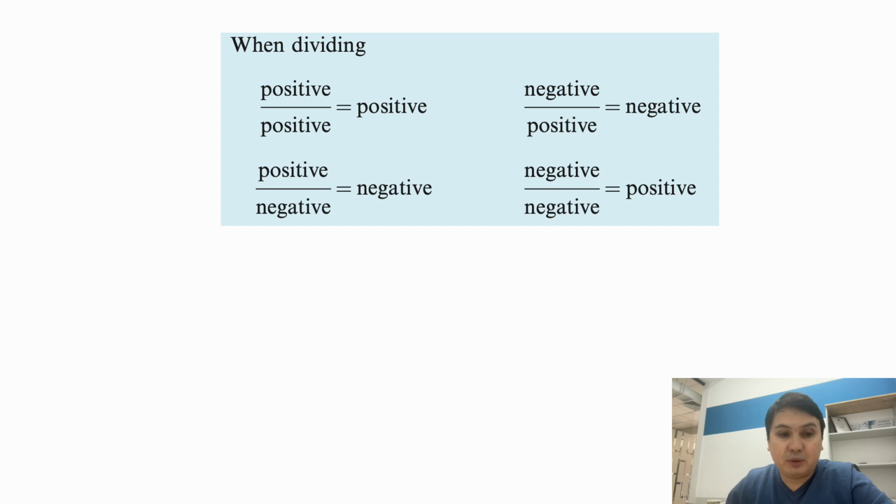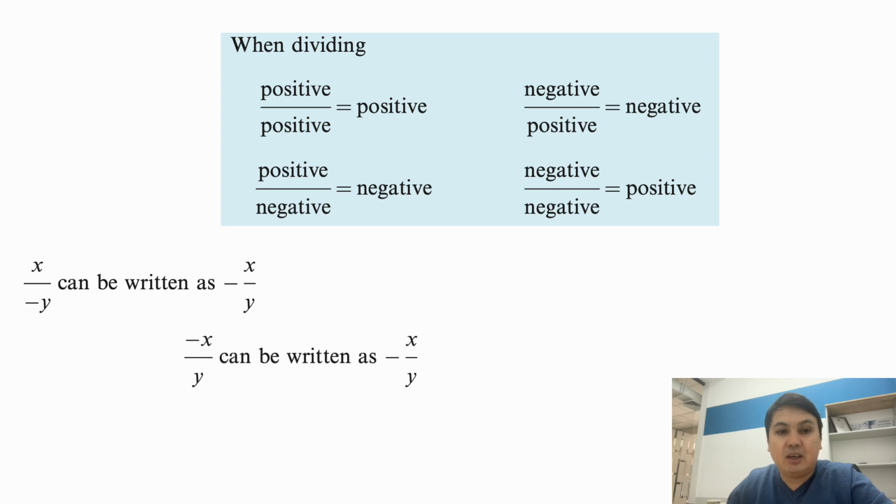Also, we need to be careful with equivalent conditions. So x divided by minus y is the same as minus x divided by y. Okay, so I can sort of bring this minus sign up front. Similarly, minus x divided by y, we can write as minus x over y.